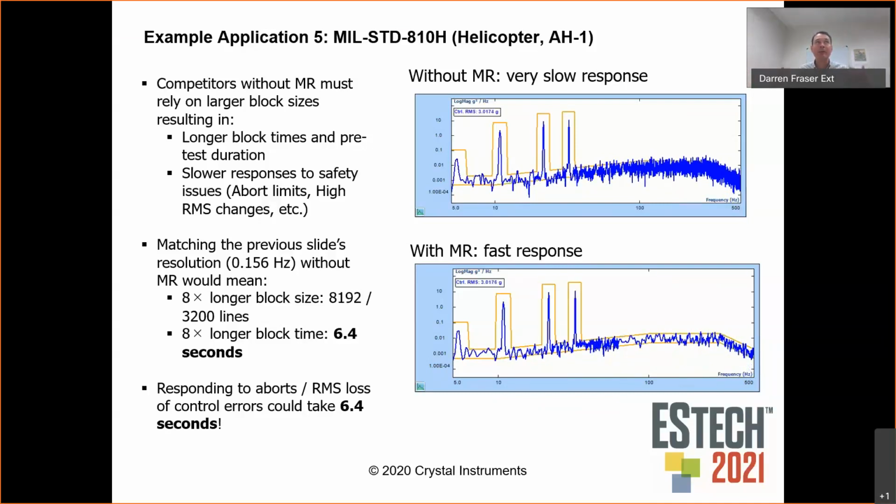If you're running a vibration control test and the operator of that test notices that there's a problem, or even if the vibration control system notices there's a problem, this means it will take 6.4 seconds before that spectrum will update to register that problem and either shut down or pause that test.